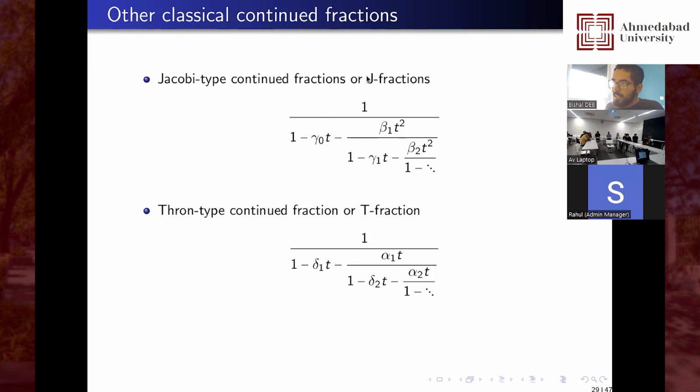So if you have a continued fraction that looks like this, remember previously you did not have the gammas, you had alphas instead of the betas, but then you did not have a t squared, you had t's. So these are called Jacobi type continued fractions. And again, you have Thron type continued fractions, which look very similar to Jacobi, except you do not have a square here. It's all t's over here.